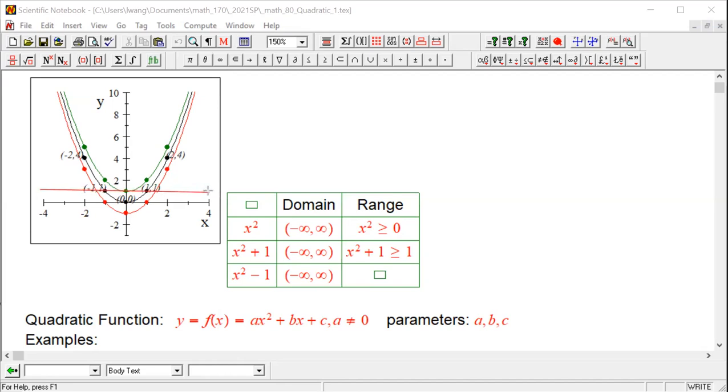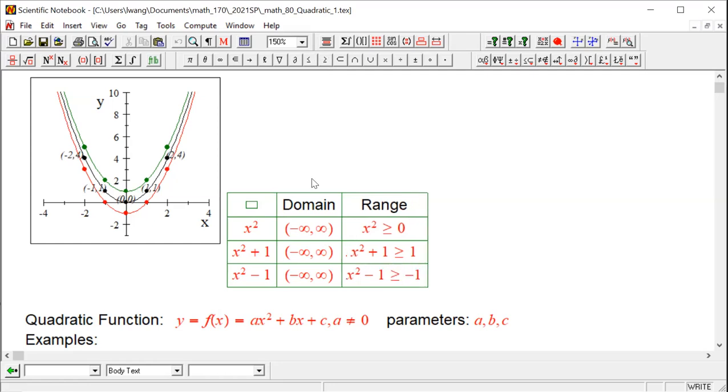This is the lowest height. And the rest of the height will be higher and higher yet. Therefore, the range is x squared plus 1 greater than or equal to 1. And for x squared minus 1, which is the red curve, as you can see, it's going to be greater than or equal to negative 1.